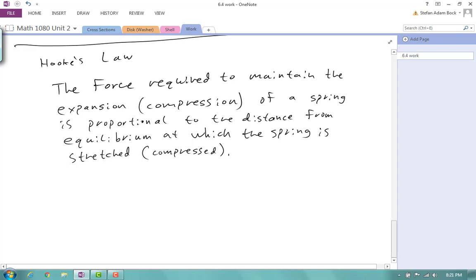So the model we have for that is that the force to maintain a spring in a position is equal to K times X. And here K is the spring constant, which is determined by the type of spring you have. And X is the distance past equilibrium.